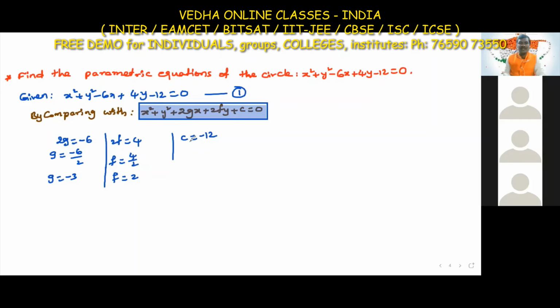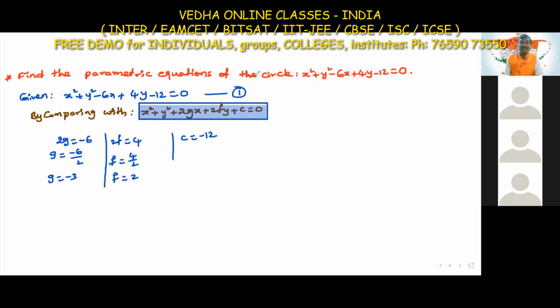After getting the g, f, c values, what is he asking? He is asking for the parametric equations of the circle. What is the formula for parametric equations? Look at the formula and tell me. We want the radius also, right?